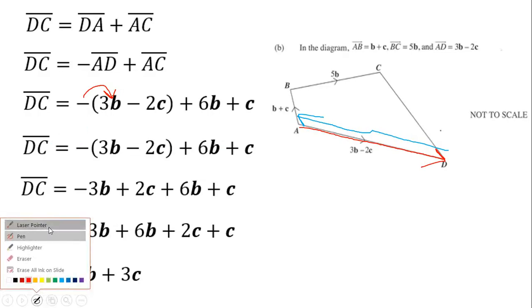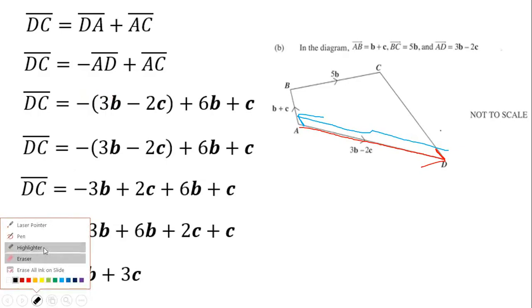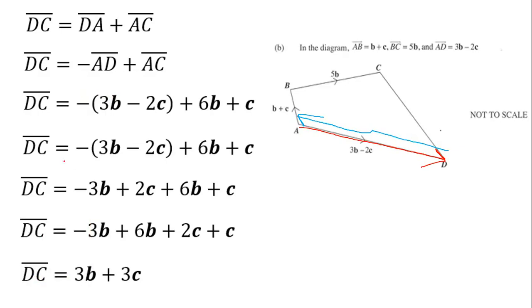That is to say, this line and this line are repeated, and so we don't need to have it twice. So let's remove one of them. In your answer, just move from here to here.